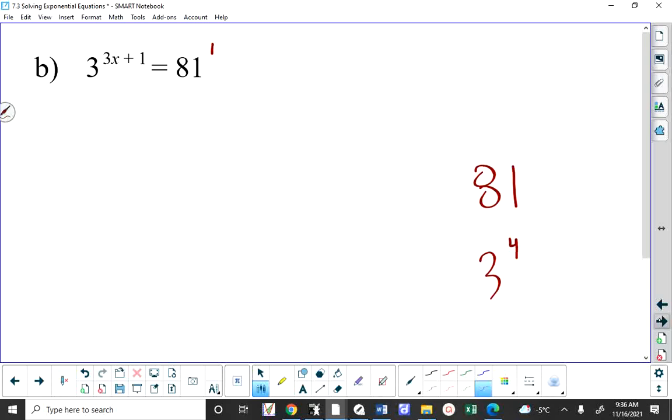So now we can rewrite this equation as 3 raised to the 3x plus 1 equals 3 raised to the 4. Okay, now we have a common base. The base is 3.